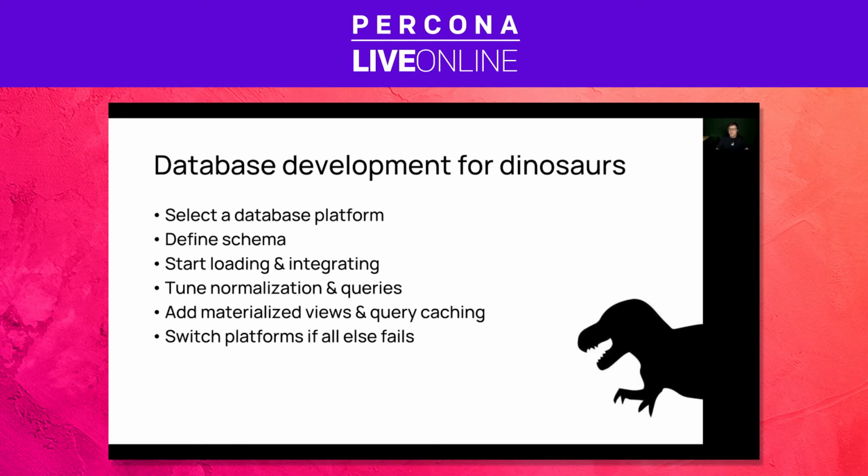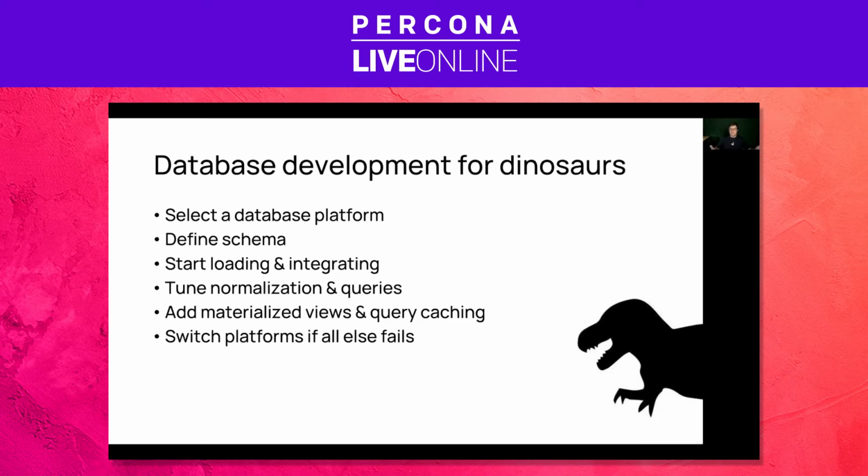And so if you go to most books about database management, database design, implementation, whatever it is, you'll see the same patterns as far as how you adopt a database, start using it, and implement it. This is really the classical way of thinking about databases. You're going to select your database platform.